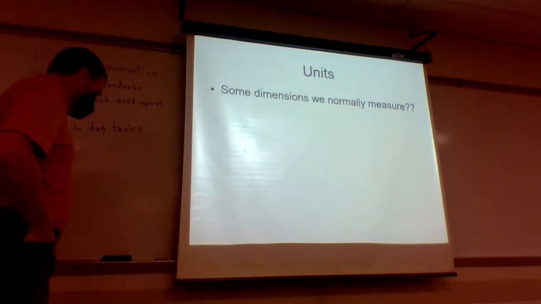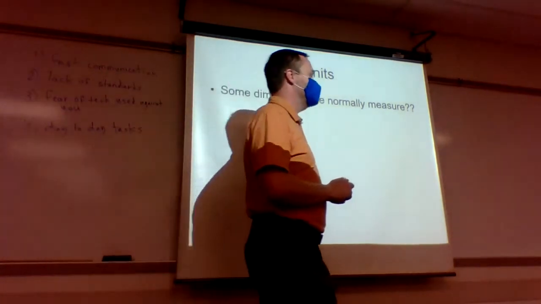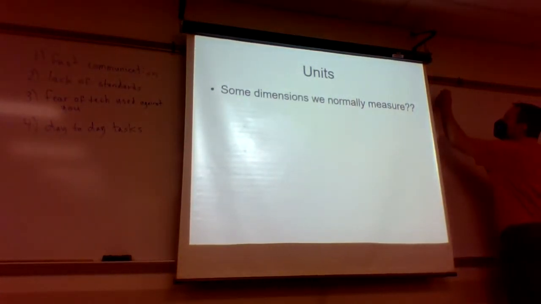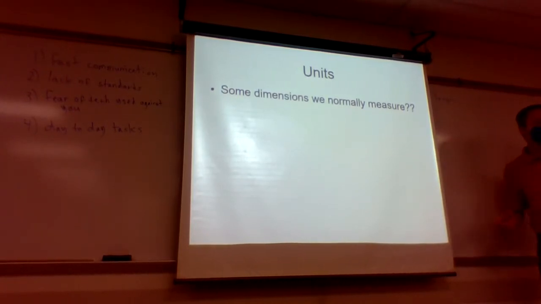So we talked about a few of these. What are some things we would normally measure? What are some things you would want to measure? Dimensions of a room. Okay, so those are going to boil down to length, right? You're talking about width and, yeah, so length, right? Volume, pressure.